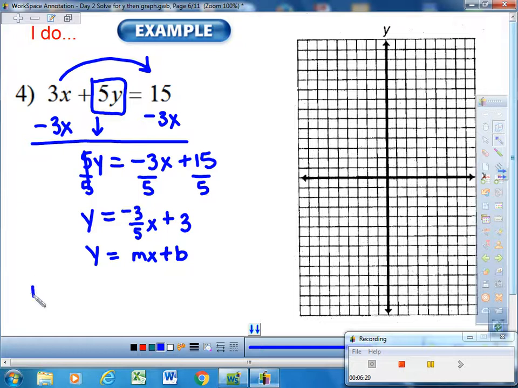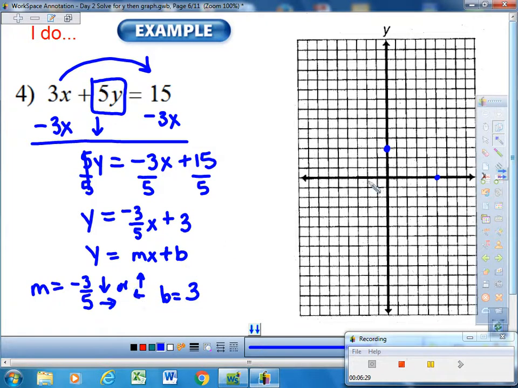So again, identify your m. Your m is -3/5. So you're going to go down and to the right. Your b is a positive 3. So I'm going to start at positive 3 on the y-axis. I'm going to go down 3 to the right 5. I can also, remember, do the opposite of both.